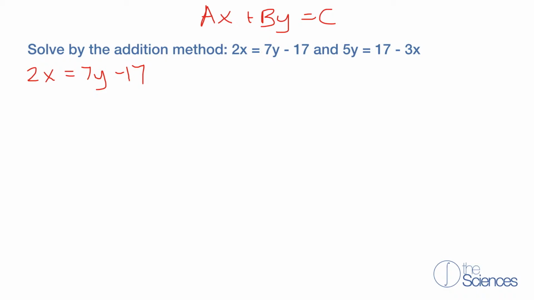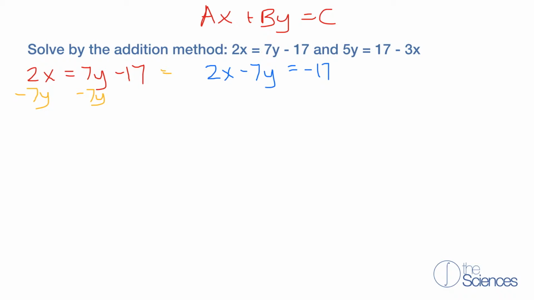So to get it in the form of ax plus by equals c, we're going to subtract 7y from both sides. So now when we do this, we get 2x minus 7y equals negative 17.